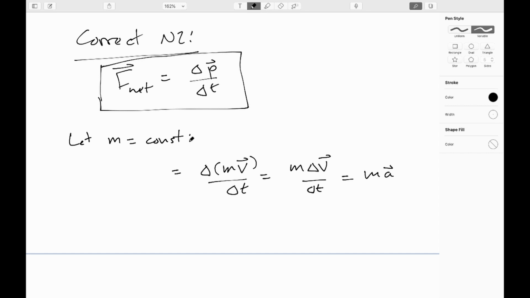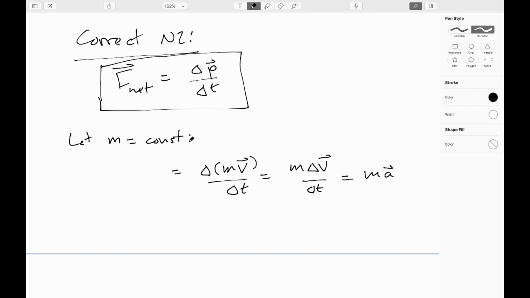If the mass is not a constant, then it's not as clean. It turns out that you would have to resort to the methods of calculus to come up with other expressions, which is beyond the scope of our presentation here. So 99.44% of the time, you can get away saying F net equals ma, but if you have a system where the mass of a thing is changing, then we need to use this time rate of change of momentum.